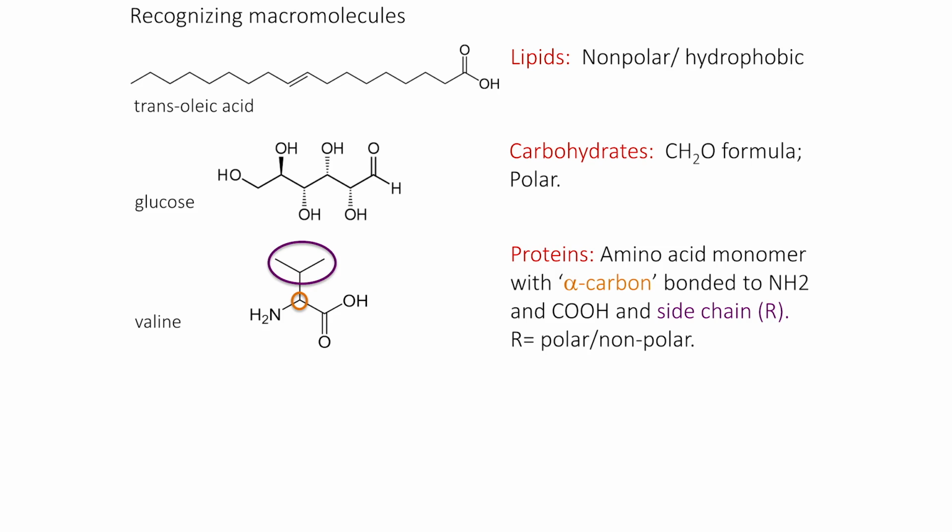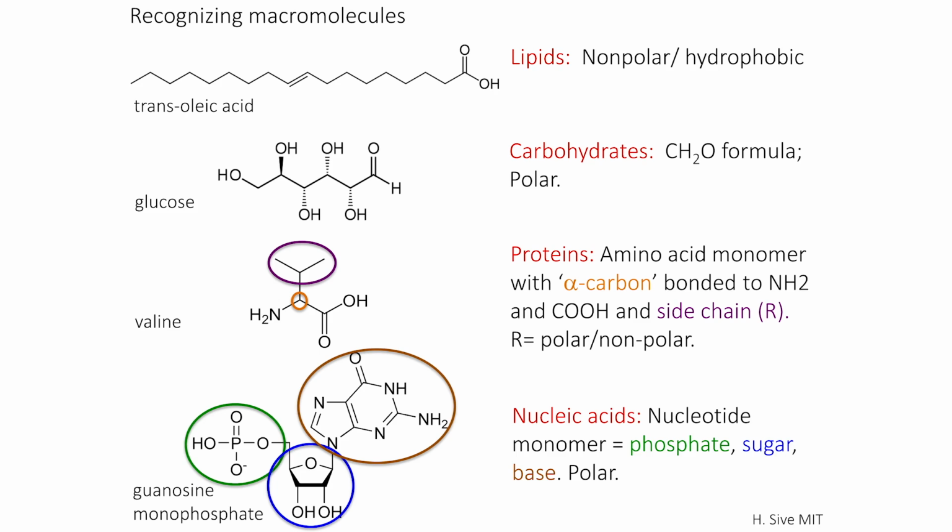Proteins: look for the alpha carbon. I've ringed it here, and you should find next to the alpha carbon an amino group. On the other side there should be a carboxyl group, and then there should be something else sticking out, which would be your R group, your side group.